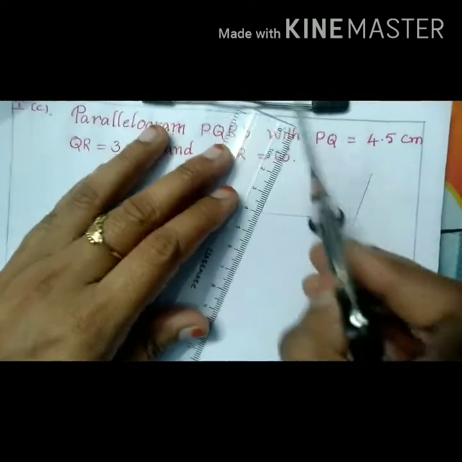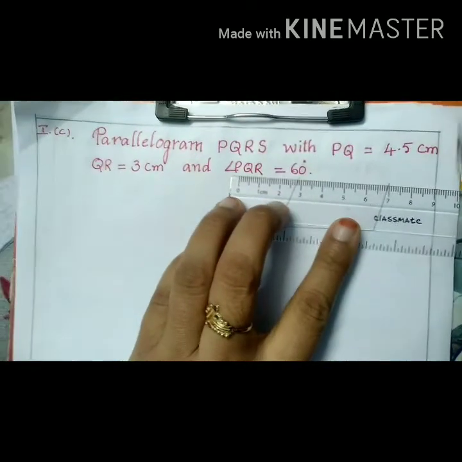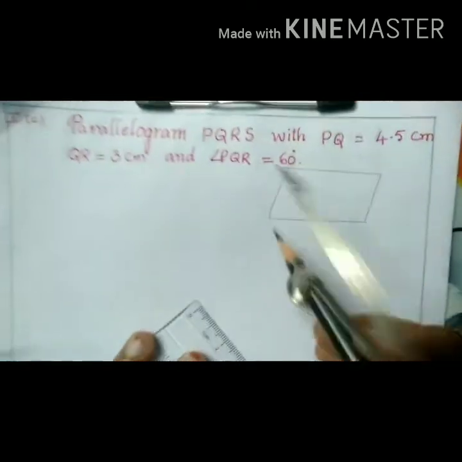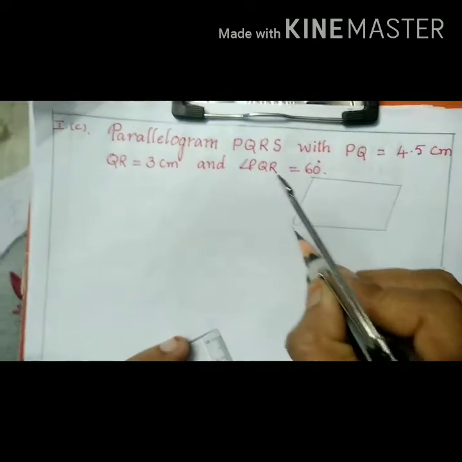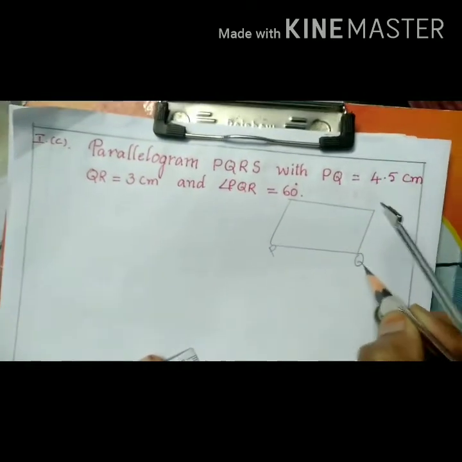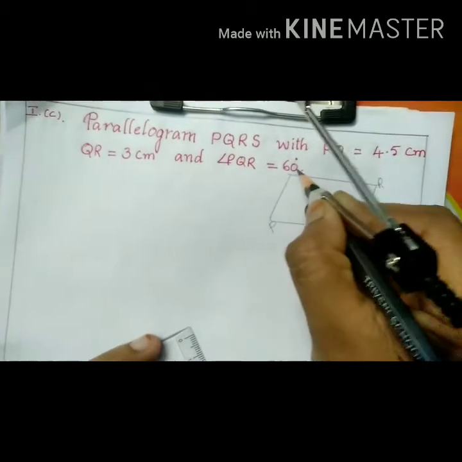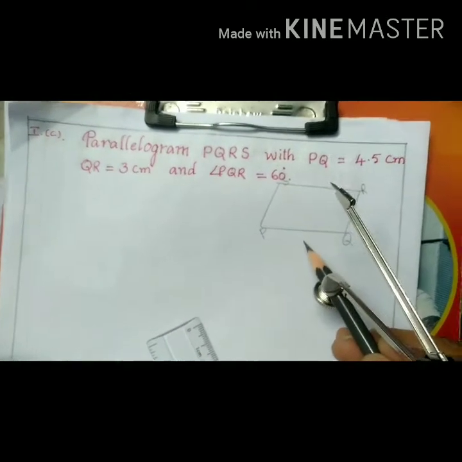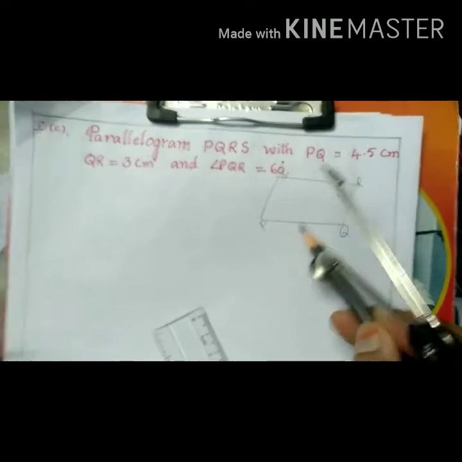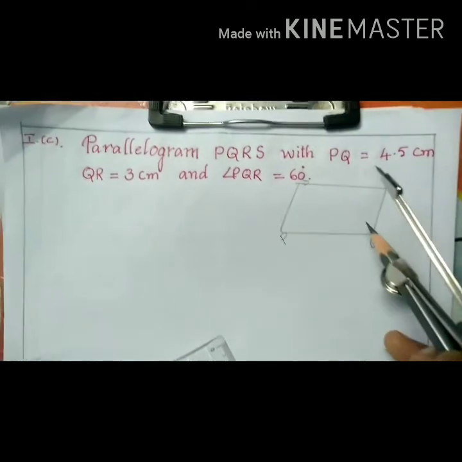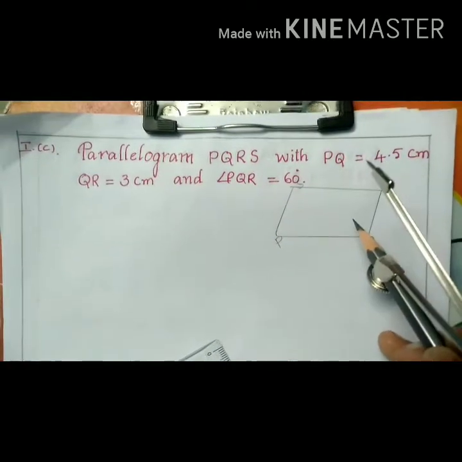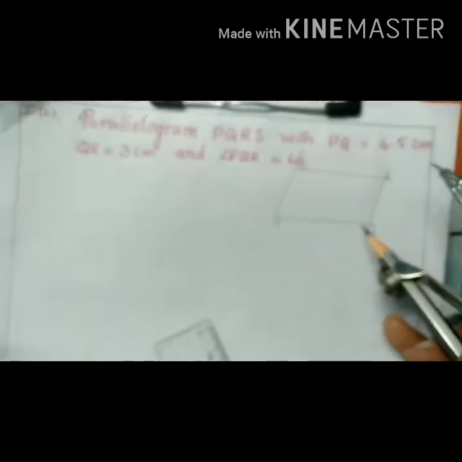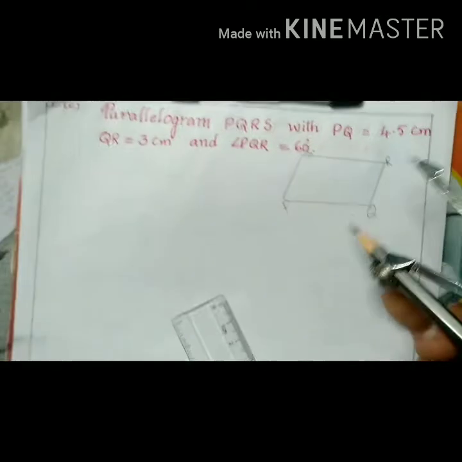So the rule of a parallelogram: opposite sides are equal. Just it is P, Q, R, S. Then what are the properties of parallelogram? Opposite sides are equal and opposite sides are parallel. Okay, those are the rules for parallelogram.